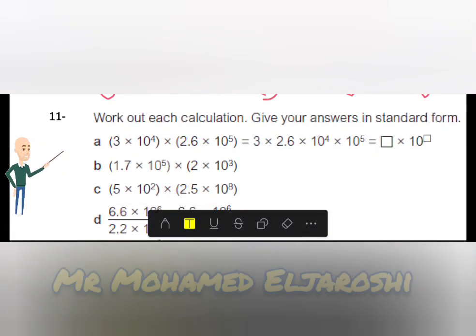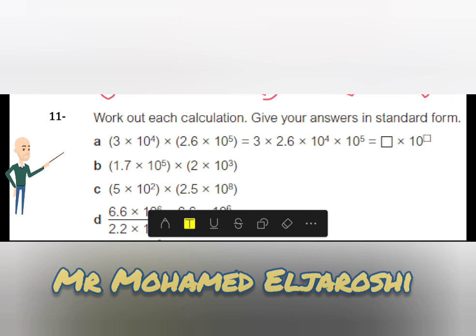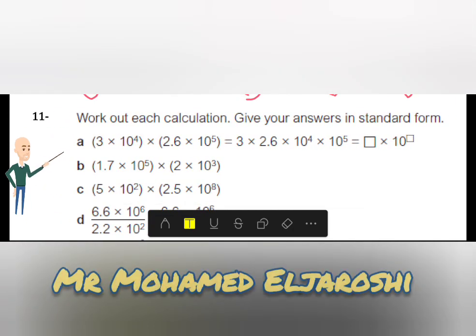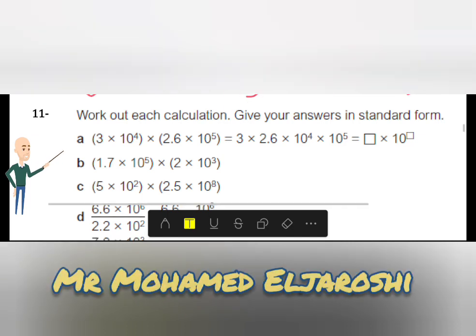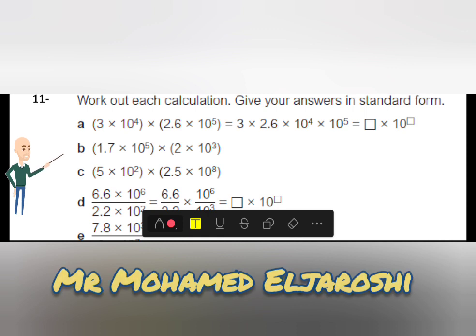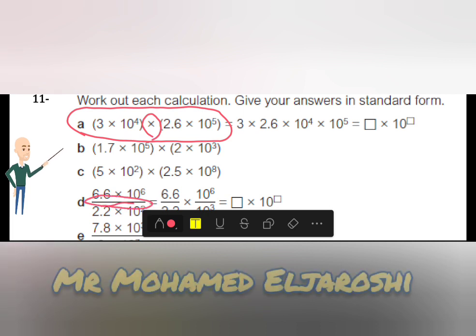In question 11, work out the calculation. Give your answers in standard form. The same idea. We're going to use the calculator here and find out what the answer is in standard form. Now, what do you do to make it simpler? If you have a question like this and it's multiplied or divided, let me give you a simpler way.